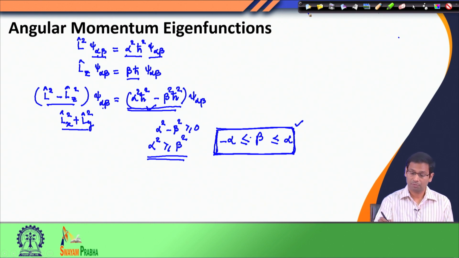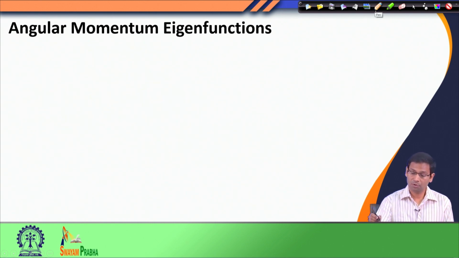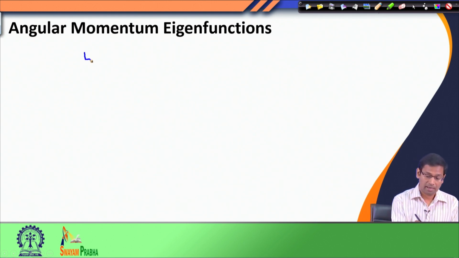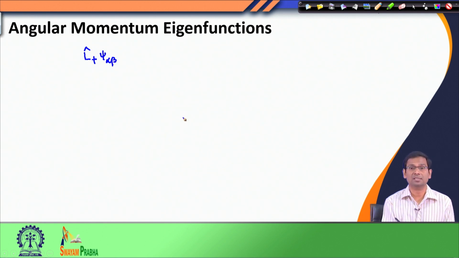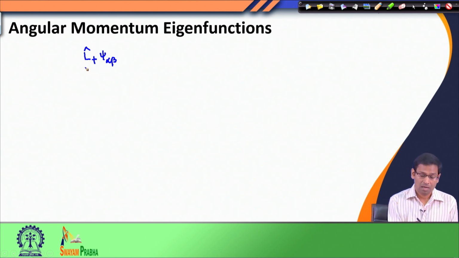But before that, we will look at a new function, obtained when I apply my L plus operator on this eigenfunction psi alpha beta, which I have defined as the simultaneous eigenfunction of L square and Lz operators. Of course, L plus is an operator, and I do not know whether psi alpha beta is an eigenfunction of it or not.